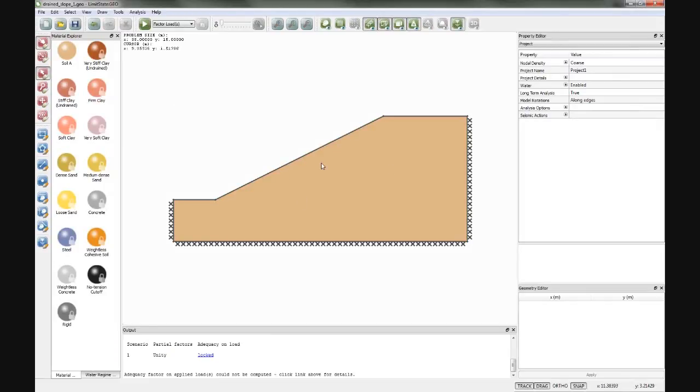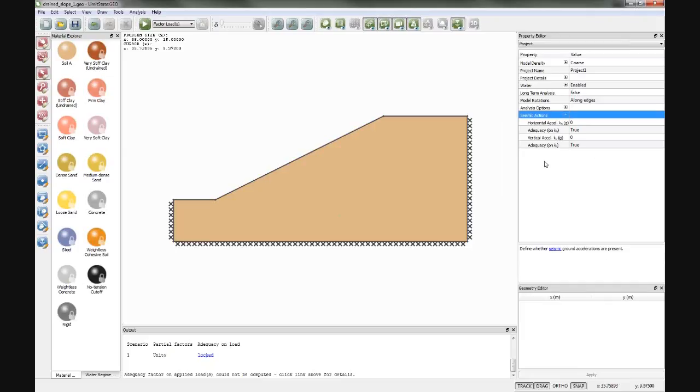And in this case, because it's a frictional soil, the slope is shallow enough that it doesn't matter how much we increase the weight of the soil, it will never collapse, and we get what we call a locked solution. But if I remove that, I can actually click here and look at seismic action.